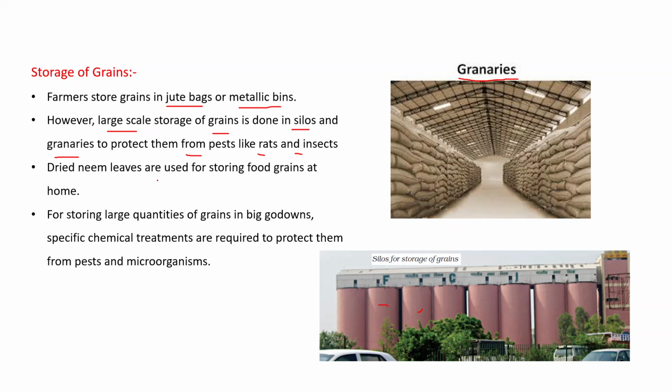Dry neem leaves are used for storing food grains at home. Your mother and grandmother are familiar with this type of technique. For storing large quantities of grains in big godowns, specific chemical treatments are required to protect them from pests and microorganisms.